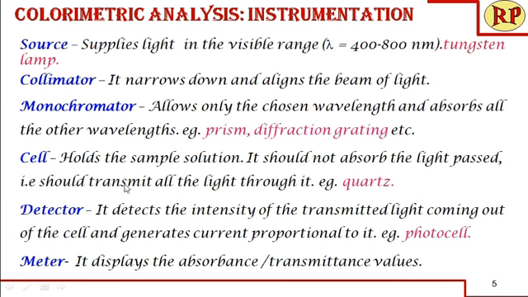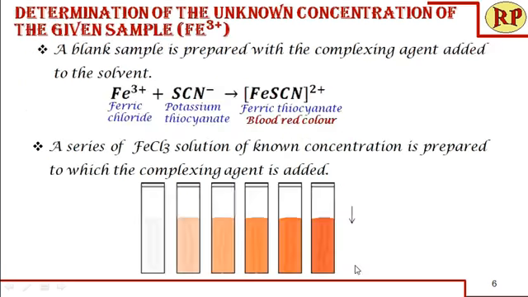It should transmit all the light which is entering into it. And the detector detects the intensity of the transmitted light coming out of the cell and generates current proportional to it. We use a photocell normally, and the meter displays the absorbance value or the transmittance value depending on what we have chosen.